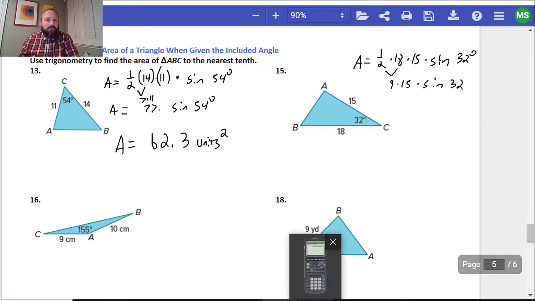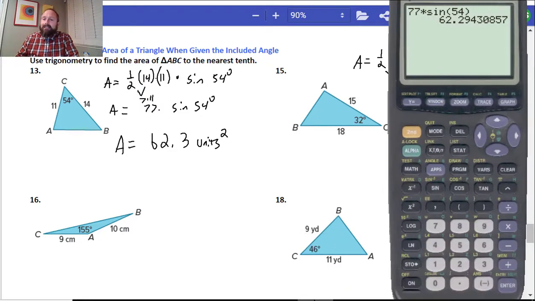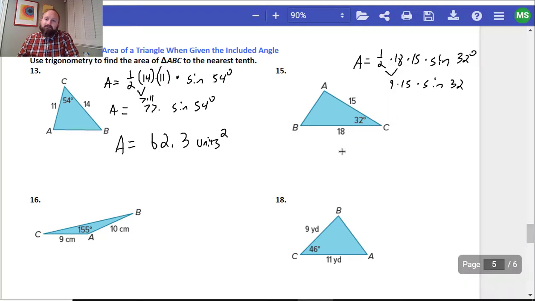So let's just put it in our calculator. 9 times 15 times the sine, delete. That should be times the sine of 32 degrees. And we hit enter, and we get 71.5. All right, well, let's write it in. The area is equal to 71.5 units squared.